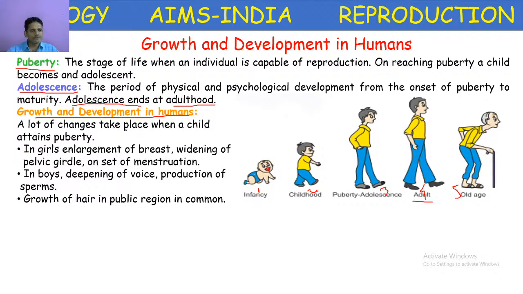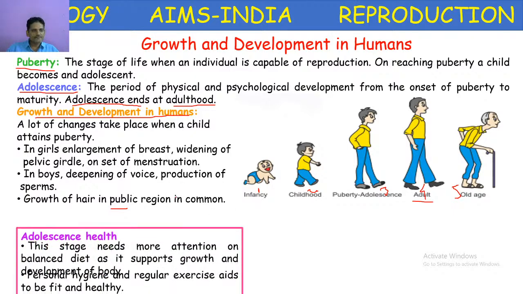In the puberty stage, changes take place. In girls, enlargement of mammary glands, widening of pelvic girdle, and onset of menstrual cycle, periods, start during this adolescent stage. In boys, deepening of voice, production of sperms start at this adolescent age. And the growth of pubic hairs, which is common in both boys and girls.